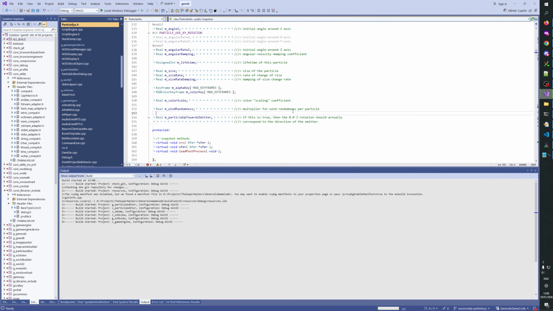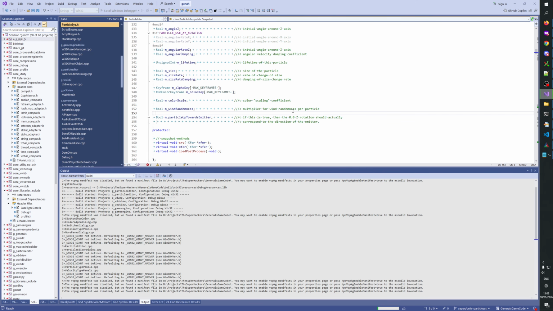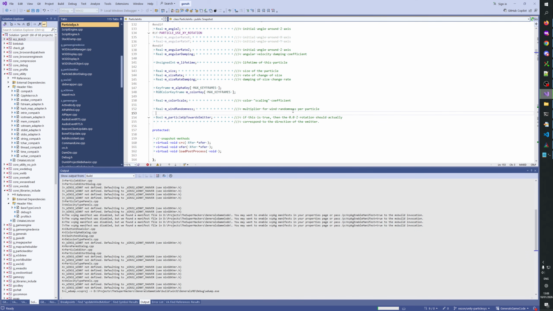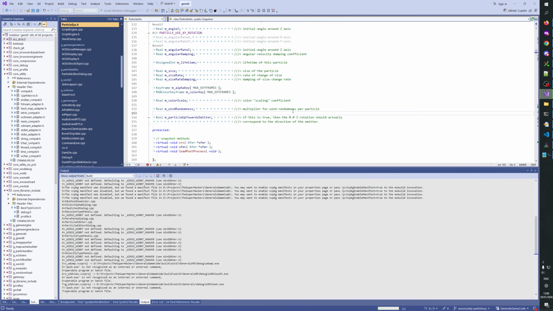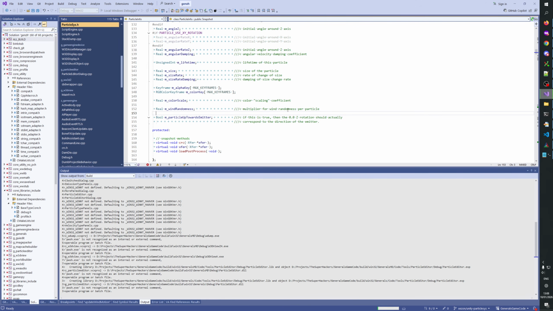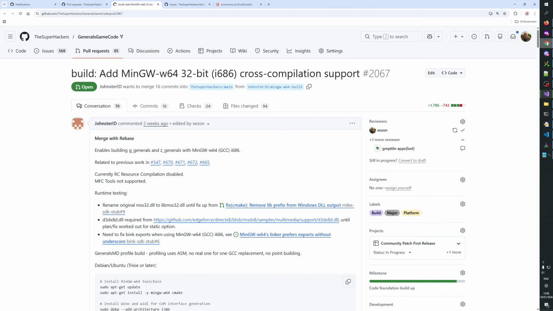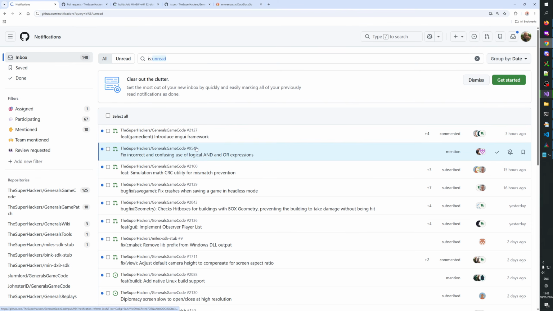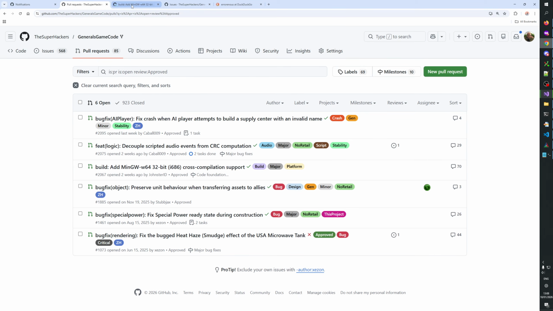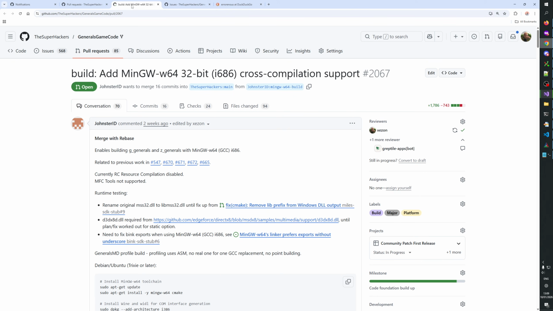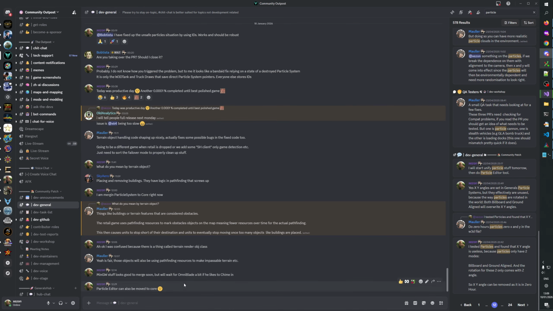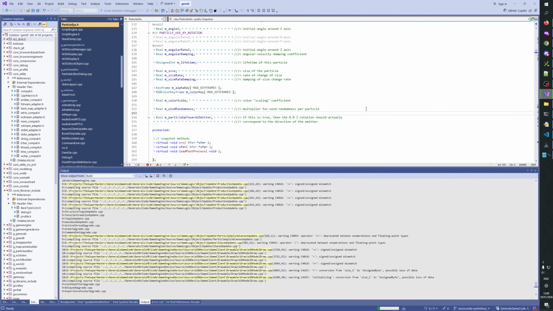Then we need to test it in 0 hour, then test it in generals, and then we also need to see if each individual commit actually builds. Good.